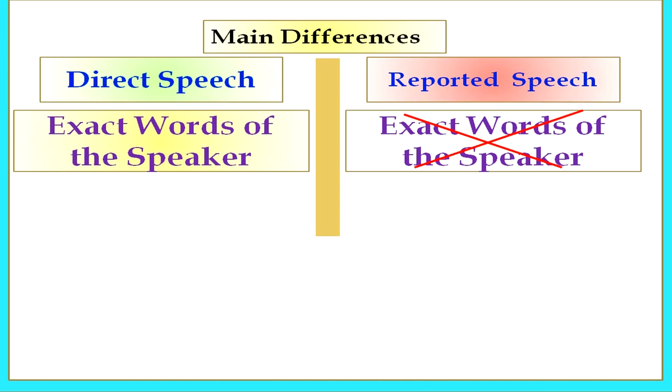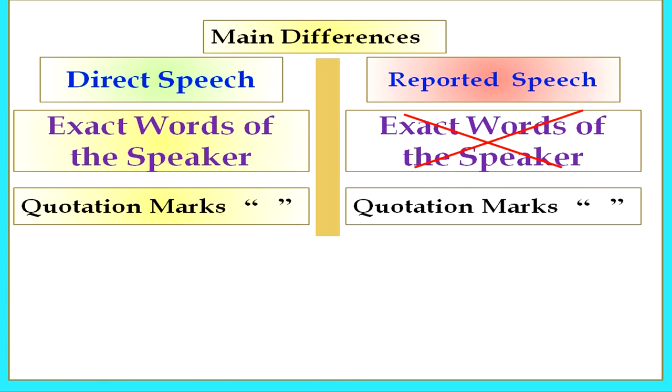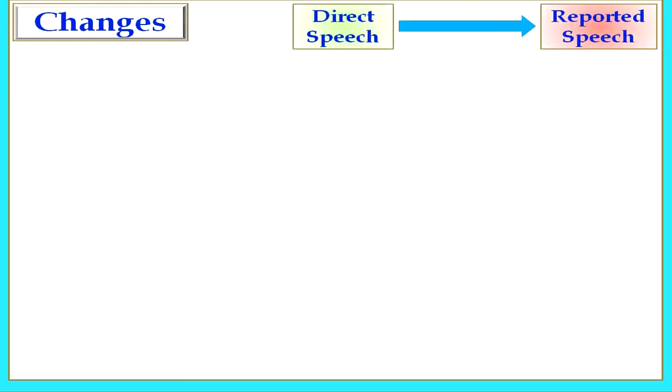In this video, we're going to discuss some of the important changes that happen when we change a sentence from direct into reported speech. The next difference is the quotation marks. In direct speech, they are very important. But do we need them in reported speech? The answer is no.